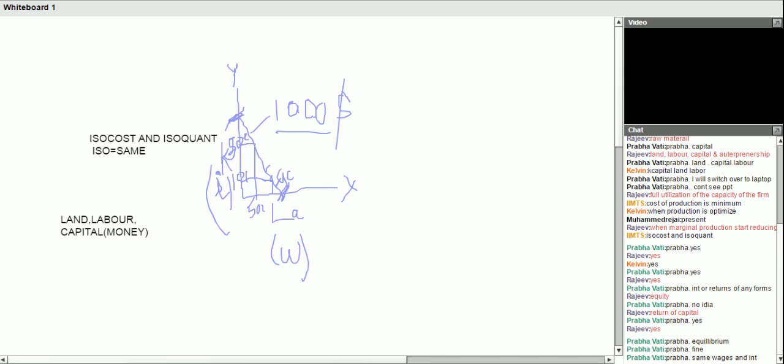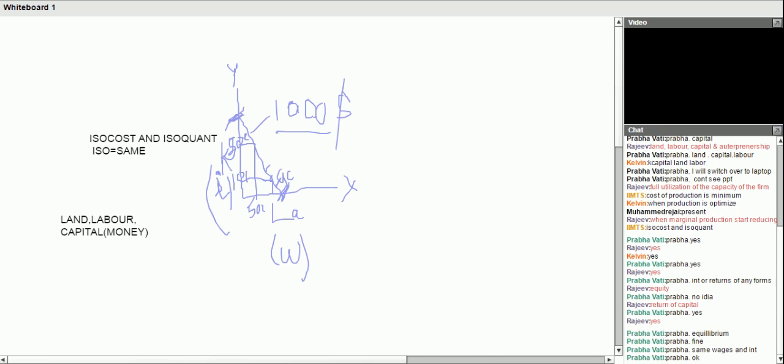Prabha, it will be actually a combination of wages and interest. The combination in total will always be $1,000. It may be 900 rupees on wages and 100 on interest, or it can be 200 on interest, 800 on wages, whatever. The total should always be 1000 only. That is what an isocost line shows to us.